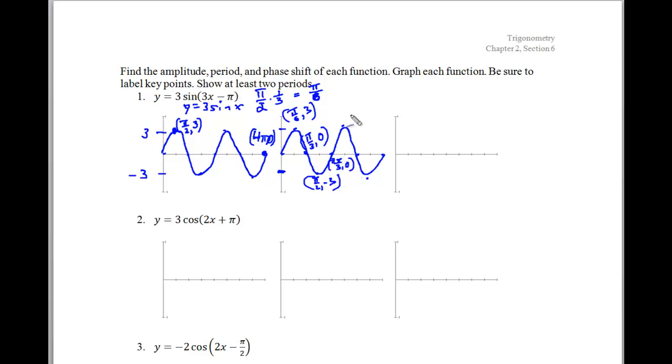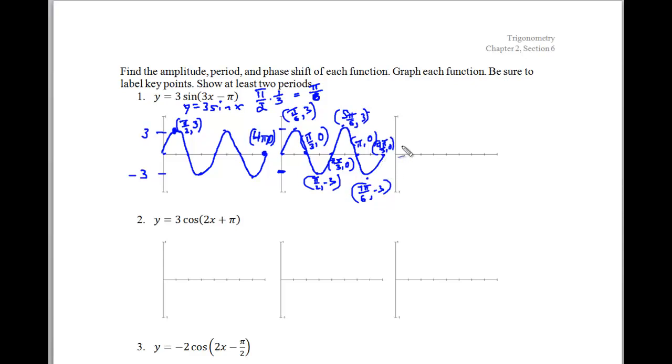This is 5 pi over 6 comma 3. And then 6 pi over 6, which is the same thing as pi comma 0. And then 7 pi over 6 comma negative 3. And then finally at the end, 8 pi over 6, or 4 pi over 3 comma 0. Sorry, that got a little cramped in there.